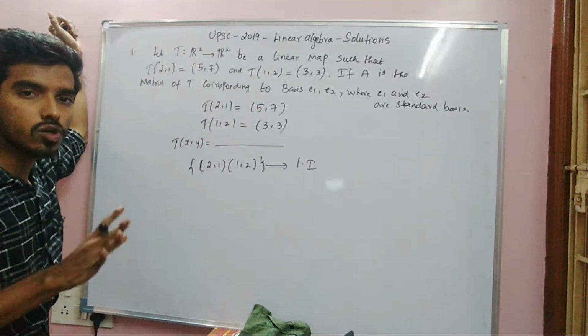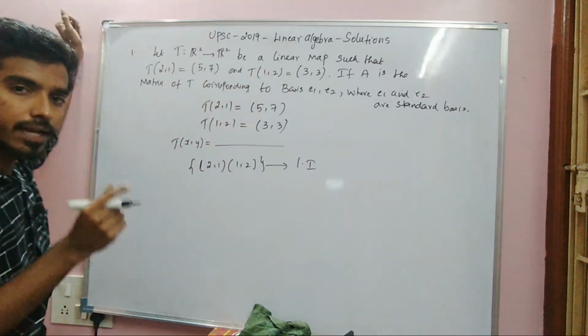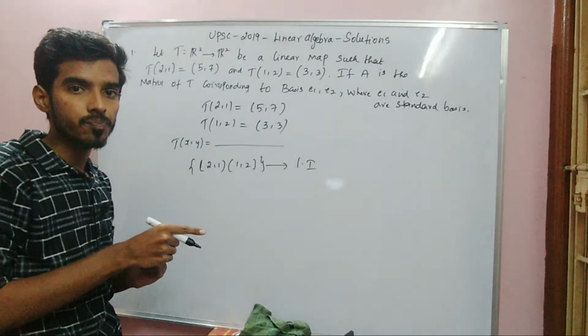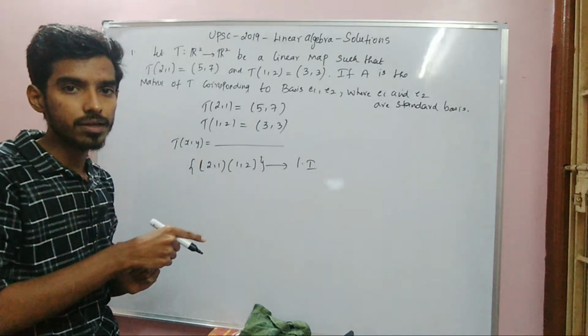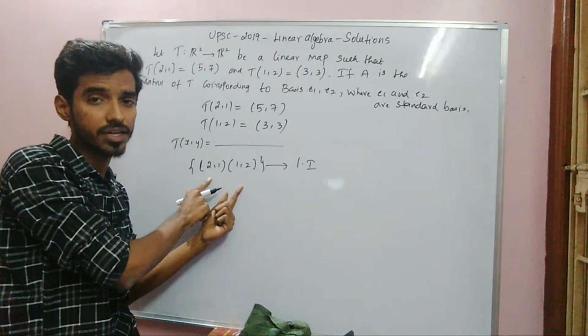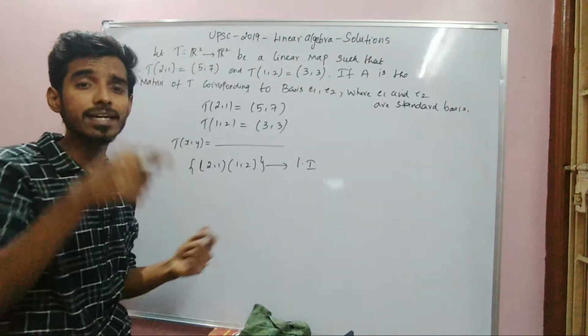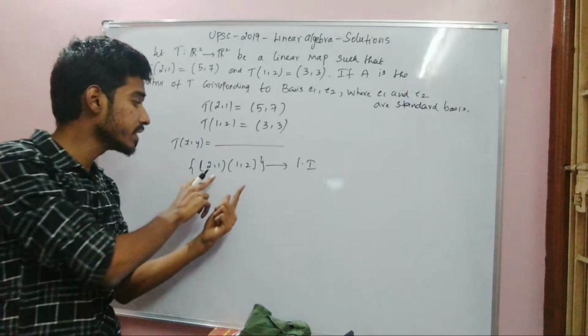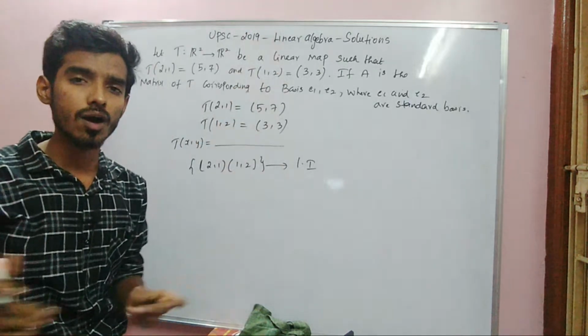If I show that this is a basis, then I can write any element as a linear combination of these two vectors, because a basis is linearly independent and spans the entire space. Spans means that with these two vectors I can get back all the vectors.